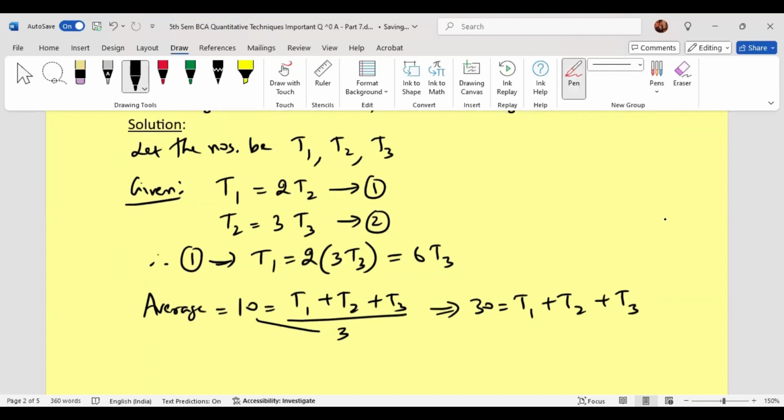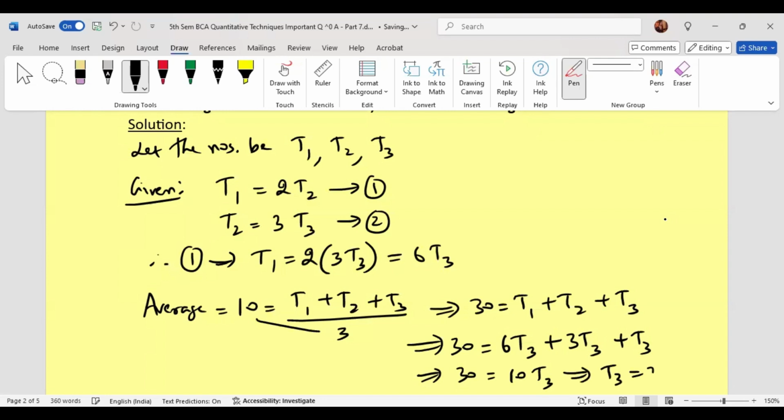So 30 is equal to T1, which is 6 times T3, plus T2, which is 3 times T3, plus T3 only. We get 30 equal to 6 plus 3, 9, 9 plus 1, 10. So 10 times T3.